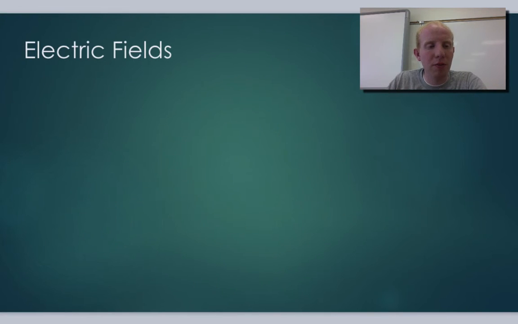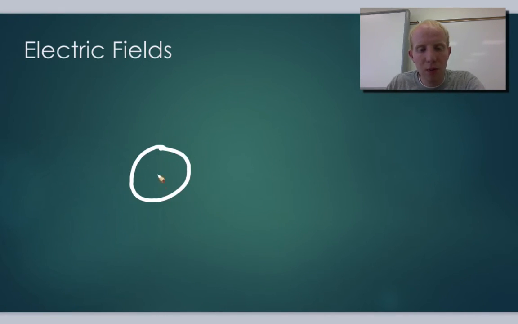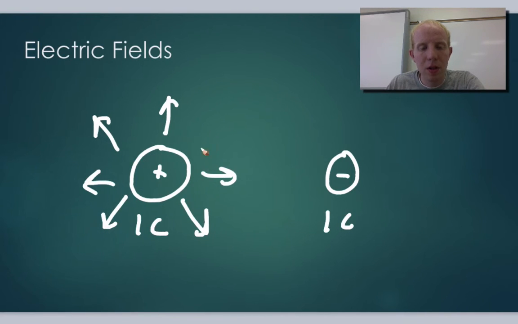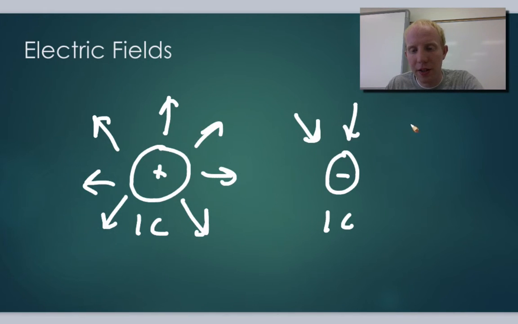Let me do one more commonly described electric field. Let's do a 1 Coulomb positive charge and a 1 Coulomb negative charge, okay? So now this electric field will look slightly different. This right nearby him will still be going out like that, and these will still be going in like this, okay?